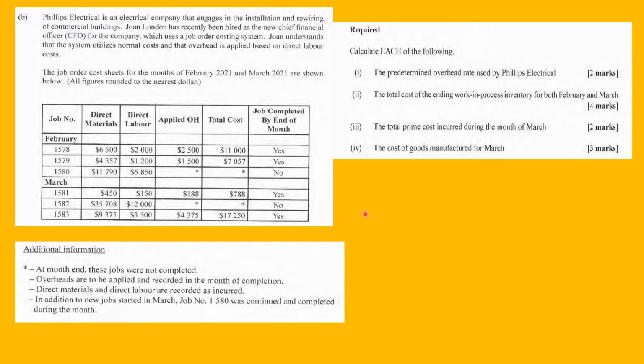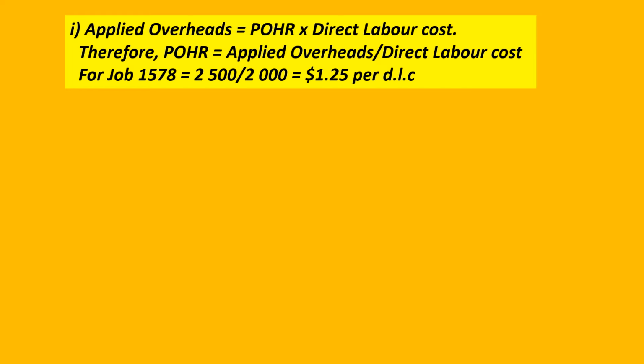Okay, so let's get into the answers and the workings. Right, the applied overheads. To apply overheads, you use the formula POHR times direct labor cost. Therefore, if you want to find the POHR, you have to do the opposite.